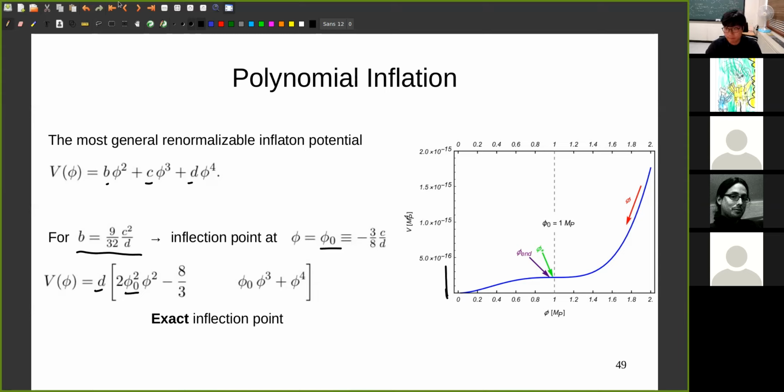So we have 3 parameters B, C, and D. We impose an inflection point, meaning that it's not 3 parameters anymore: the overall normalization and the position of the exact inflection point. But this doesn't work, so we introduce a small deviation from the inflection point. So we have this third parameter beta. Okay, thank you.